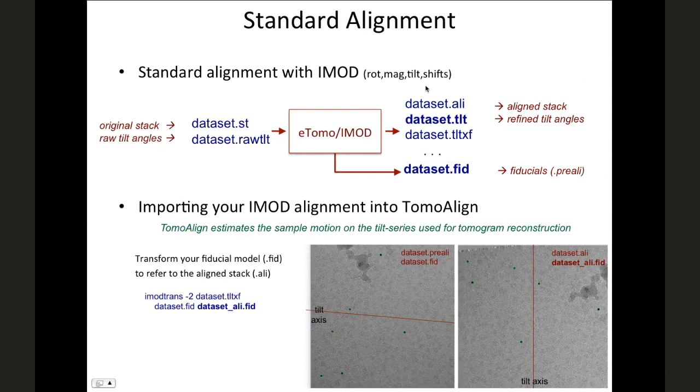So if we are going to use the aligned stack, we need the fiducial to be referred to this aligned stack. But the fiducial coming from IMOD refers to an intermediate stack, which is the pre-aligned stack.